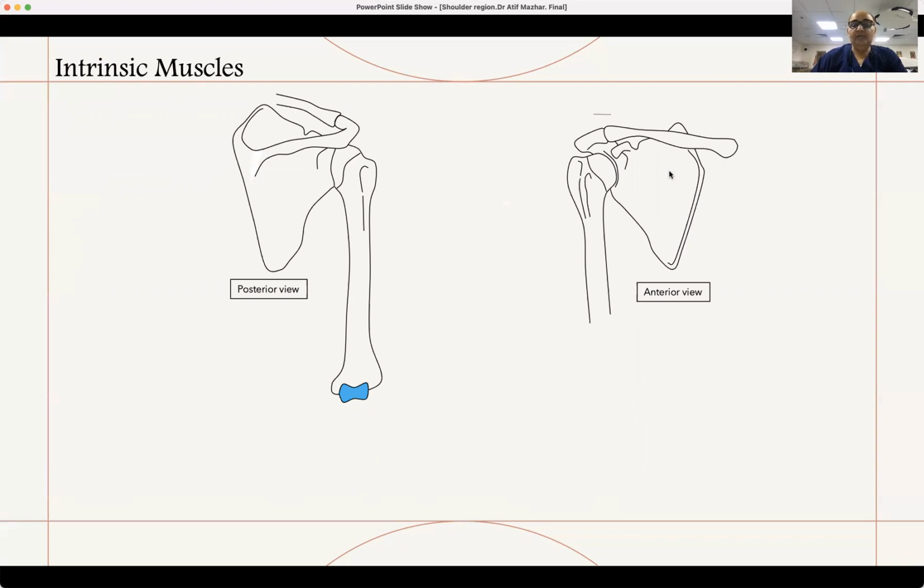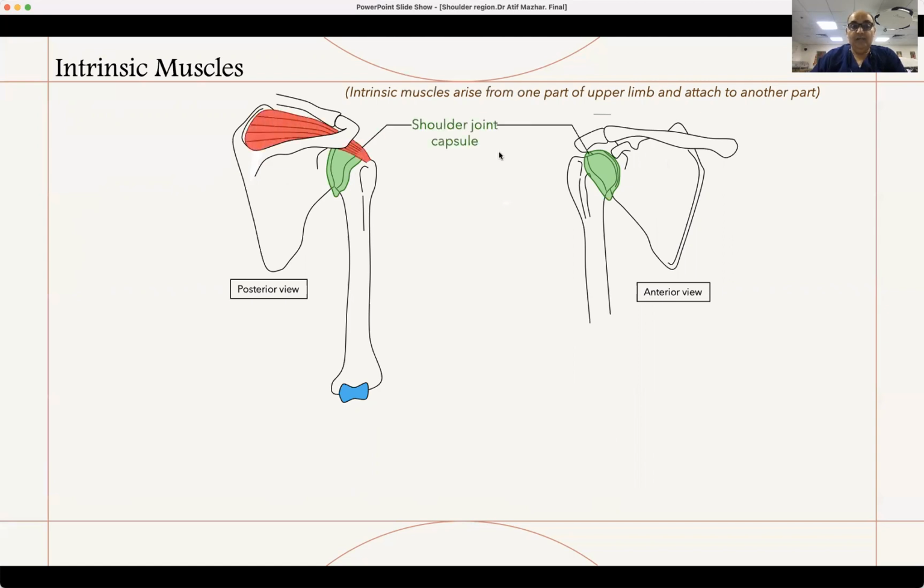So this is an anterior view of my scapula and the humerus. This is a posterior view. Now this green thing is the capsule of my shoulder joint, the glenohumeral joint. And then a very important muscle coming from the supraspinous fossa and going to the tubercles of the humerus.